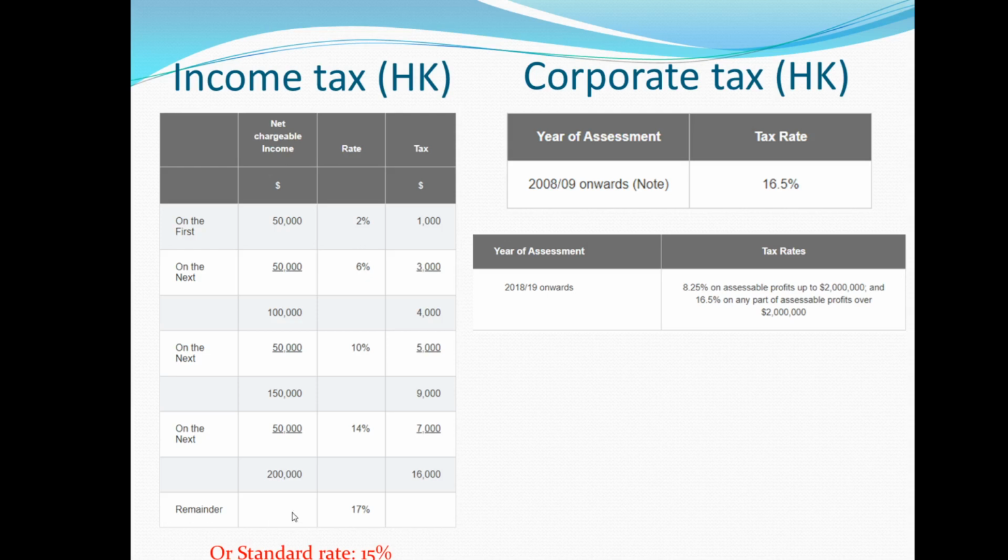Progressive for sure. This is the kind of progressive tax we talk about. The higher income you have, the tax rate is increasing, but you can choose to use a standard rate, which is 15%. If I choose the standard rate, what kind of tax is it? Proportional. That's very good.